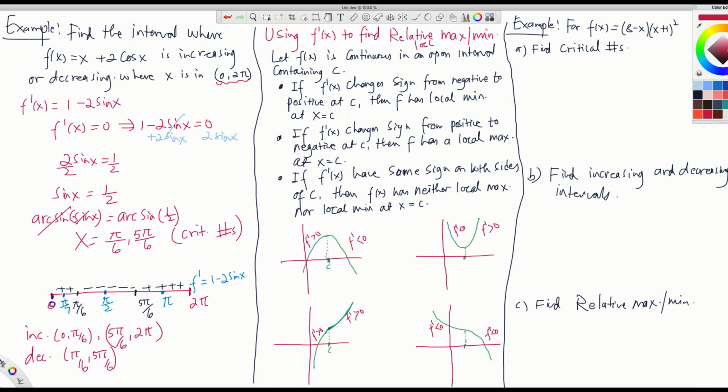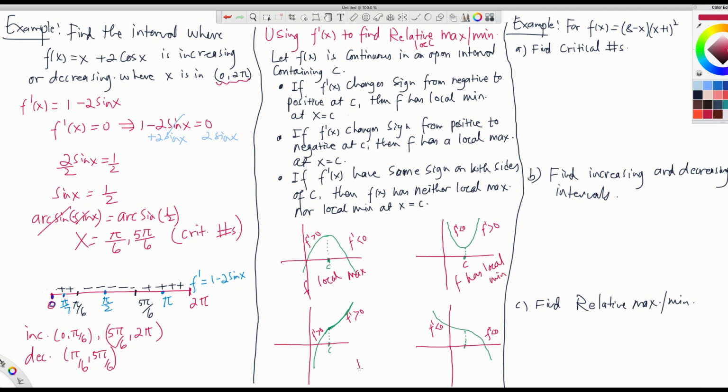So what you can see here is, if f prime changes sign from positive to negative, then the function has a local max. If f prime changes sign from negative to positive, then f has a local min.